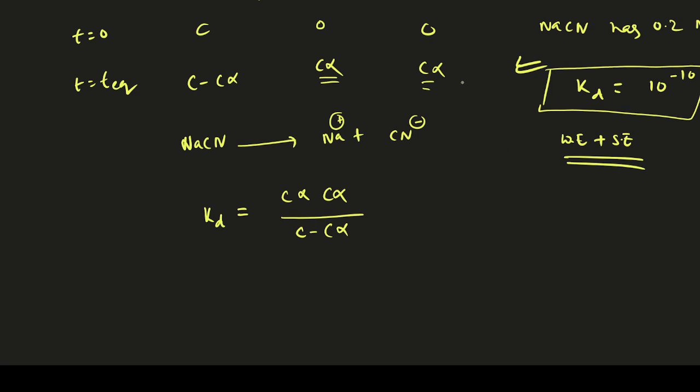But the thing is that here CN minus has come into the solution, and in the solution NaCN is also present, meaning CN minus also comes, because when we add a strong electrolyte in water, it completely dissociates. After that Na and CN minus behave independently, meaning they behave as only CN minus.